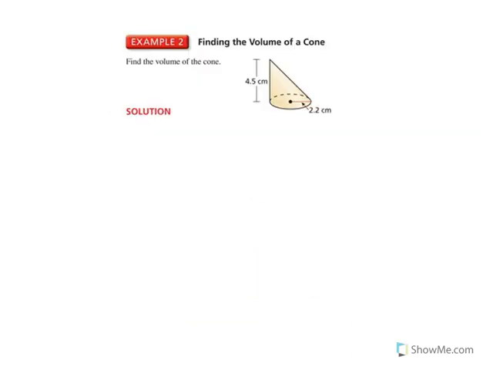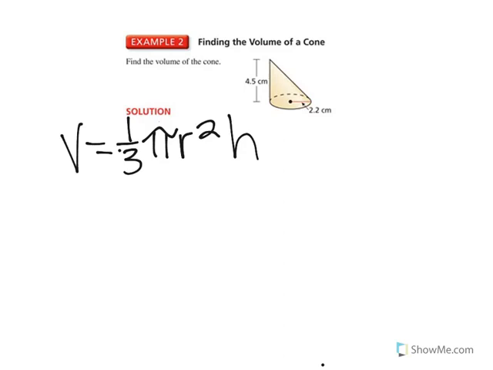So let's try an example. It says find the volume of the cone. Volume is equal to 1/3 pi r squared h. h stands for the height of the cone, which we see is 4.5, and we need the radius of our cone, and we see that's 2.2, so we're going to plug that in for r.